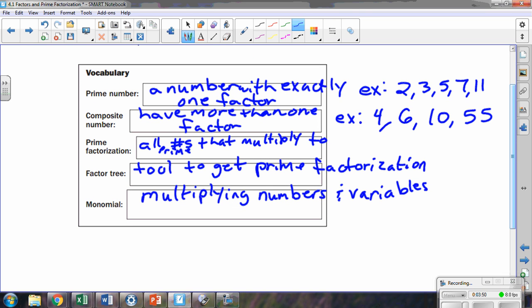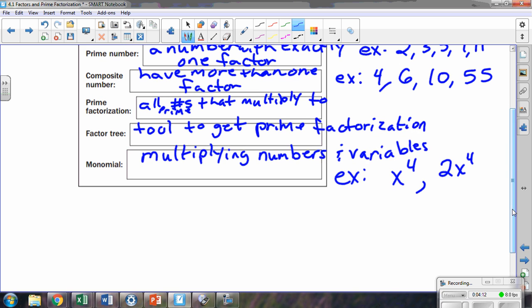For example, we could have the monomial x to the 4th power using a variable. We could combine that with a number like 2x to the 4th and have a monomial. And there's nothing special about having a positive.